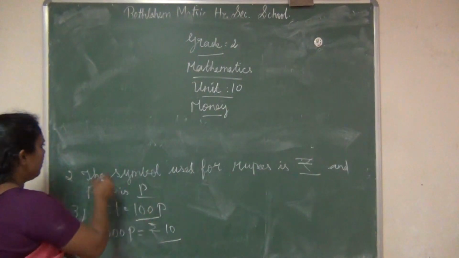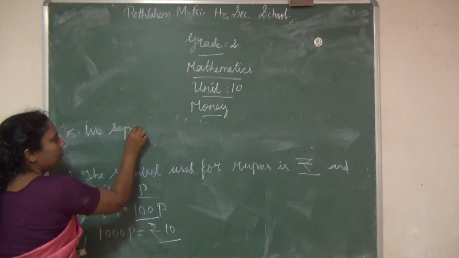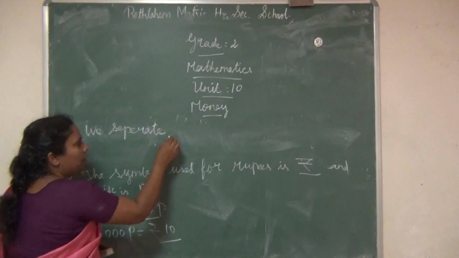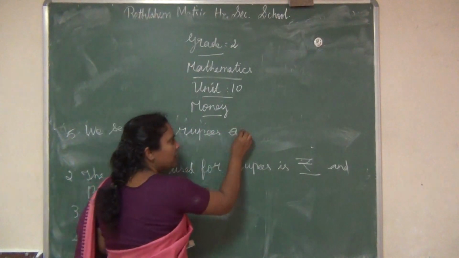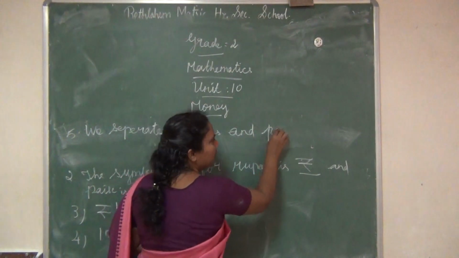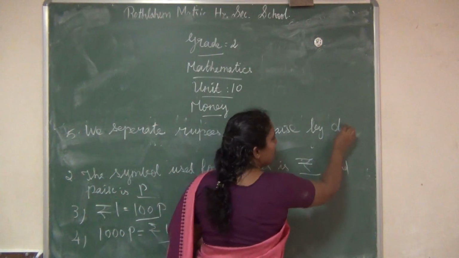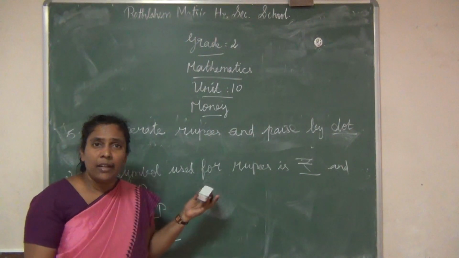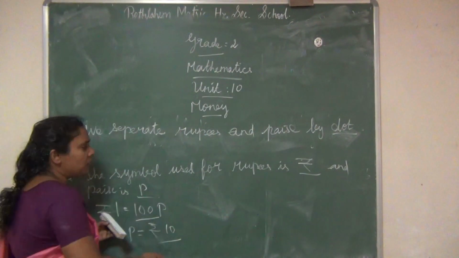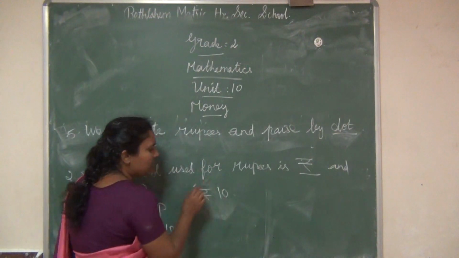We separate rupees and pies by dot. Okay, we separate rupees and pies by dot. We all know if we want to write 10 rupees, we can write it as rupees 10.